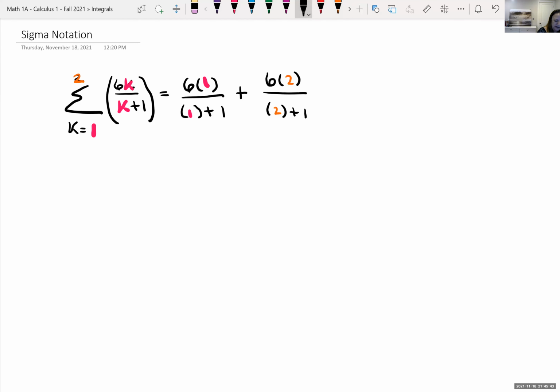So if we do that, we can simplify. 6 times 1 is 6 all over 2, plus 6 times 2 is 12 all over 3. So this gives us 3 plus 4, which is 7. So the summation from k equals 1 to 2 of the function 6k all over k plus 1 is equal to 7.